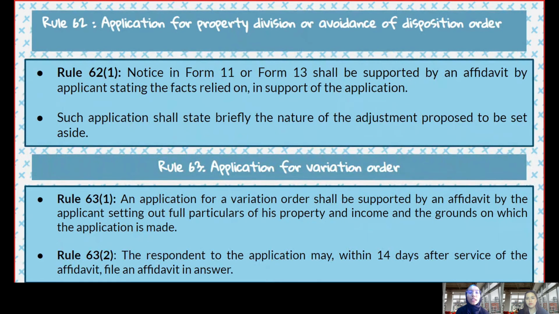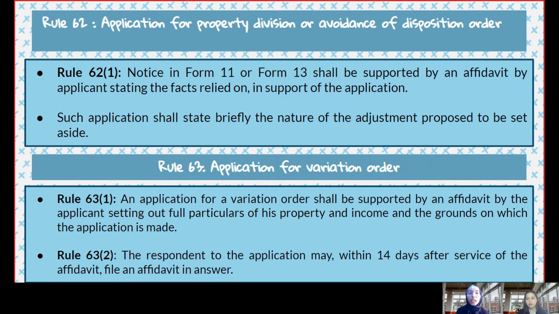Okay, in regards to Rule 62, Paragraph 1, a notice in Form 11 or Form 13 shall be supported by an affidavit by the applicant stating the facts relied on in support of the application. Such application shall state briefly the nature of the adjustment proposed to be set aside. Rule 63 states on the application for a variation order.